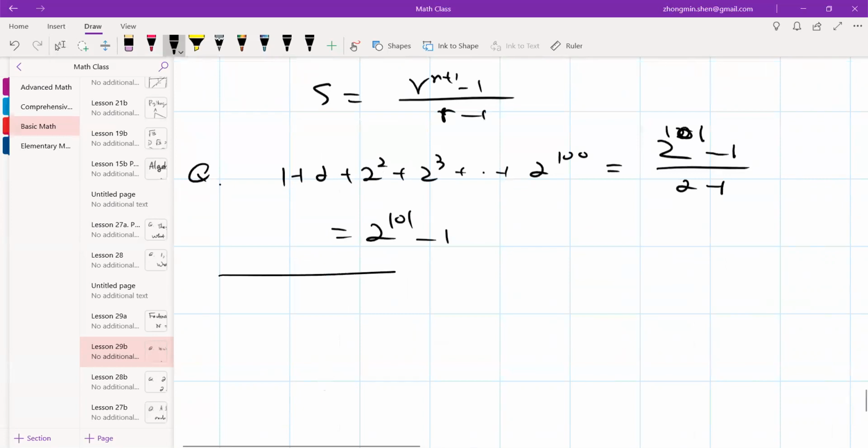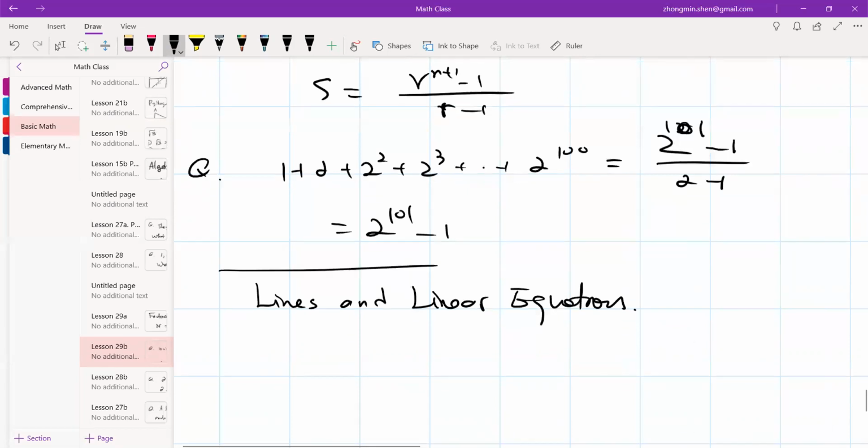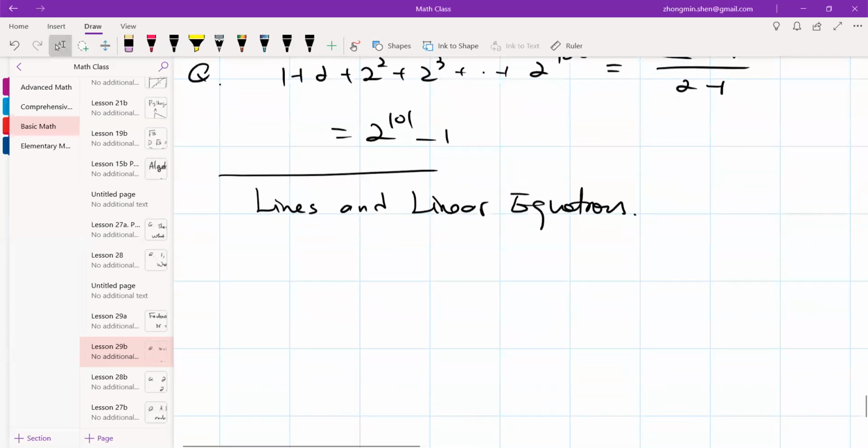Now, my very last topic is about lines and linear equations. There are a number of questions about that. How do you describe a line in the plane?